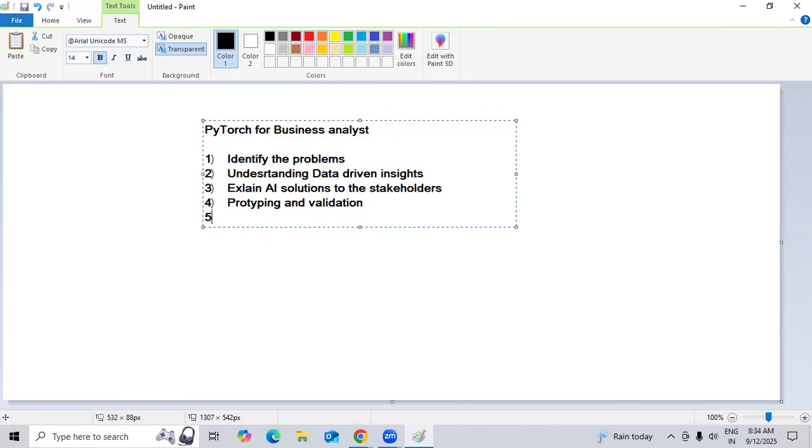Next, we can ensure the business value. Ensuring the business value is also one of the key and important things we do as a BA.